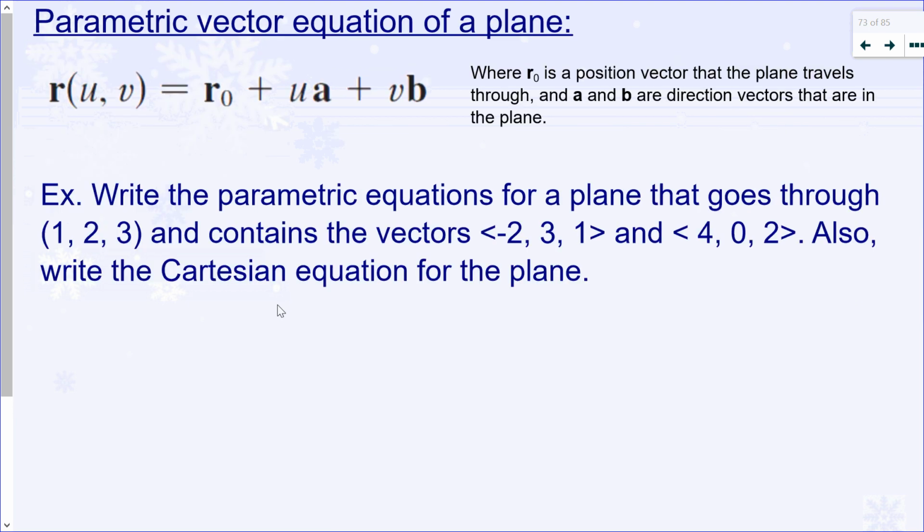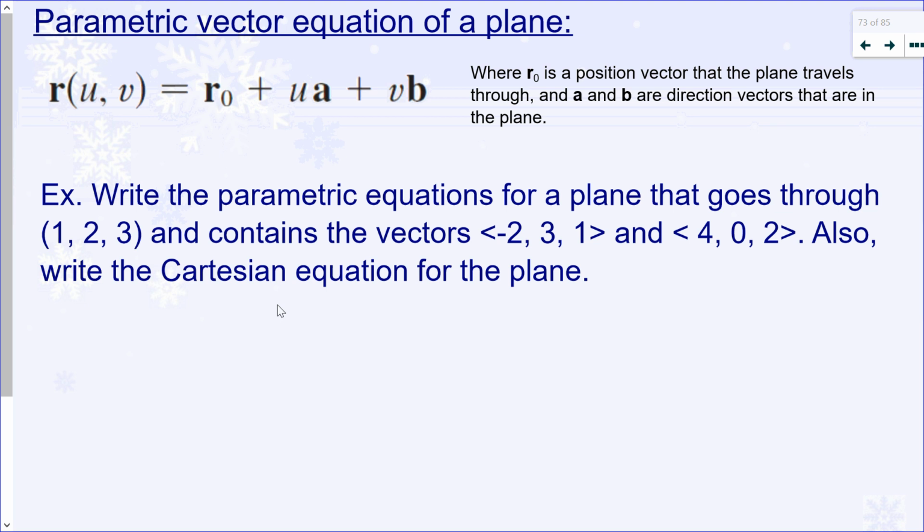So let's talk about a flat surface. Let's say we wanted to write the parametric vector equation of a plane. This is the general form of it. It involves the position vector that the plane travels through. So if we know a point that the plane travels through, we can just write that point as a position vector.